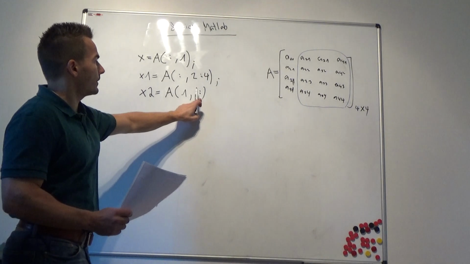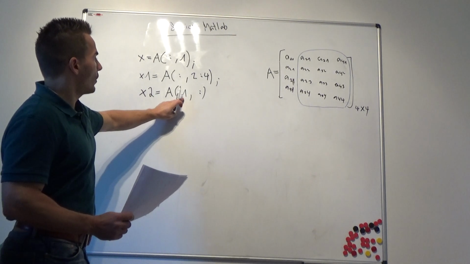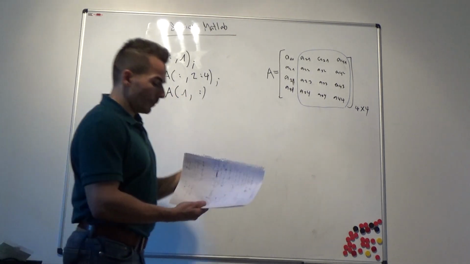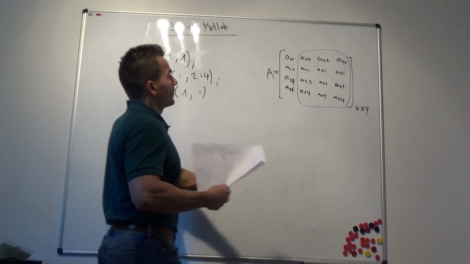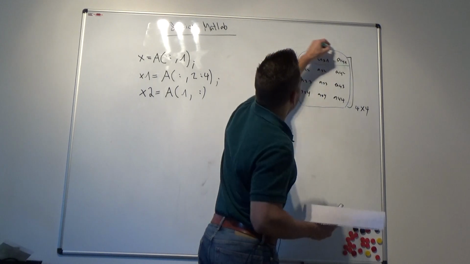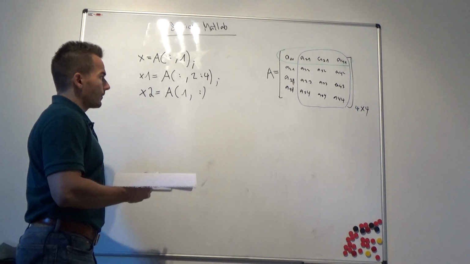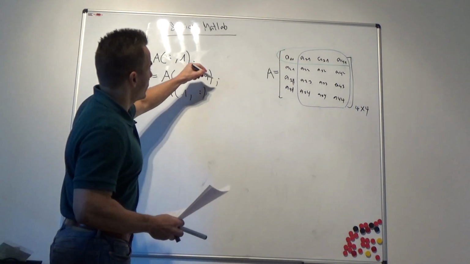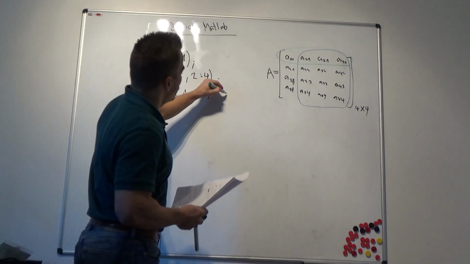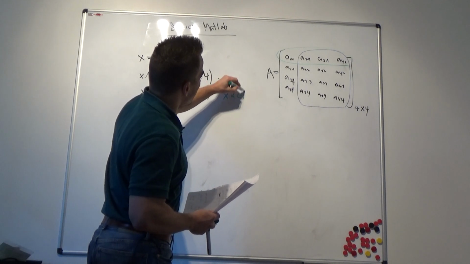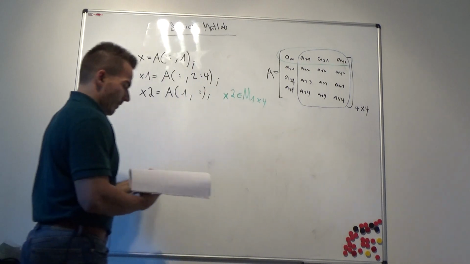Again, this is the column index here, and the colon means I want all columns, while the row index determines that I want only the first row. So it gives us this row in our matrix. It is then a 1 by 4 vector. Again, if we don't want MATLAB to spit out immediately what it is, we write a semicolon. But we know that our x2 is a 1 by 4 vector.